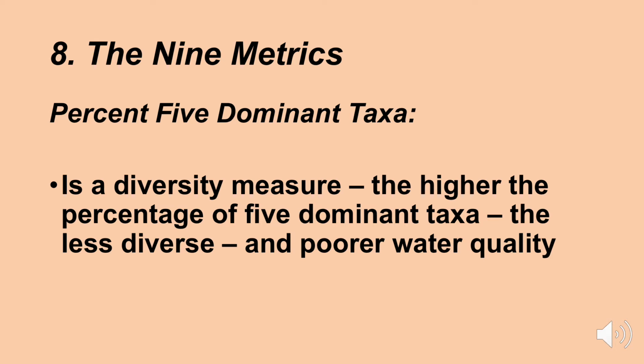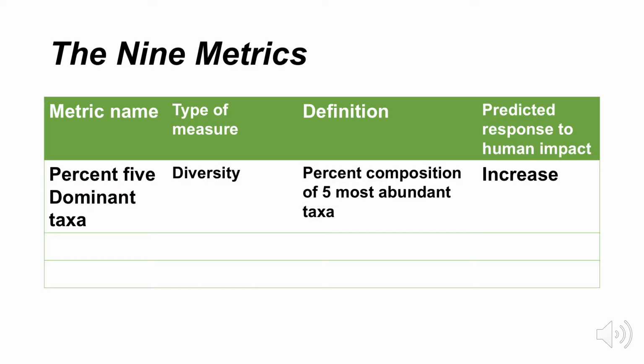The higher the percentage that fall into the 5 dominant taxa, the less diverse the macroinvertebrates are, and thus the poorer the water quality. It's the composition of the 5 most abundant taxa. With more human disturbance, these 5 dominant taxa really dominate the scene, and there's less of the other types of benthic macroinvertebrates present.